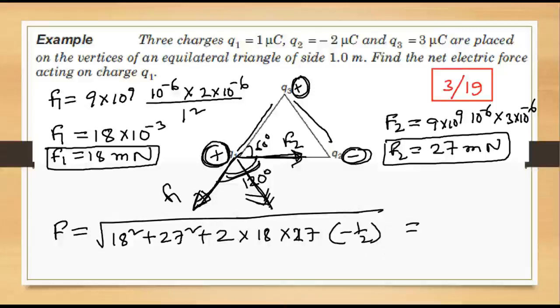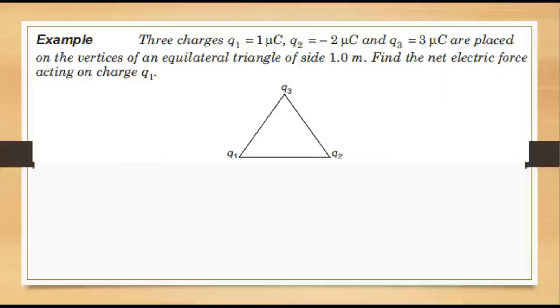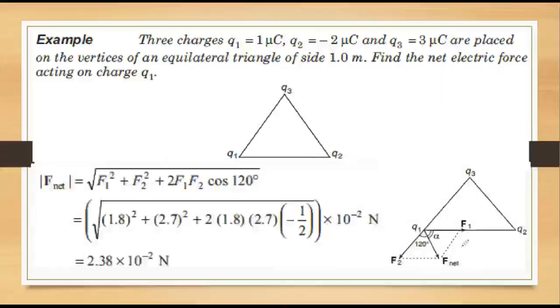After solving it, you are going to get the final answer. And I suppose it should be 2.38 into 10 to the power minus 2 Newton.